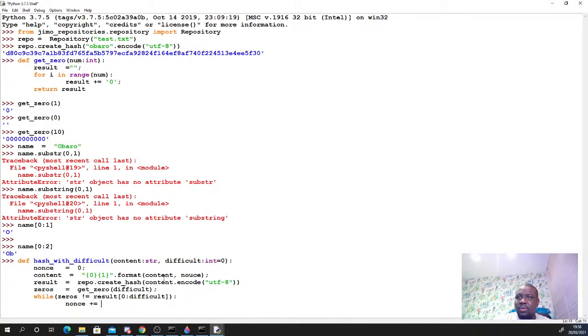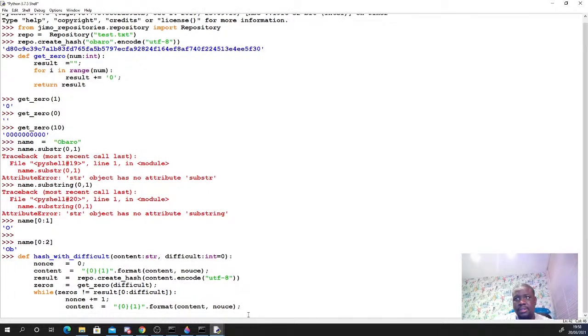You say equals to 1, we increase it by 1. Then now you carry out the same thing again, and you find the result again. So until the first value of the hash has the number of 0 that we want, which is the difficulty.